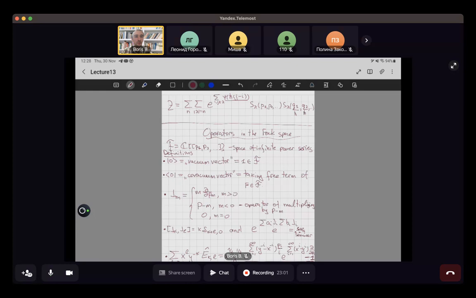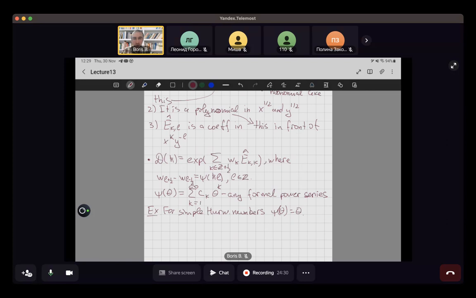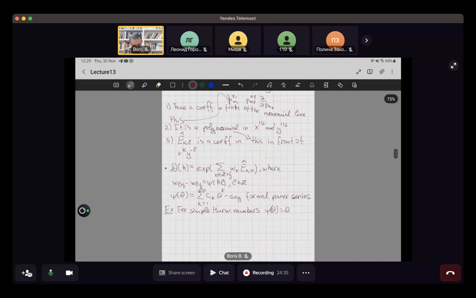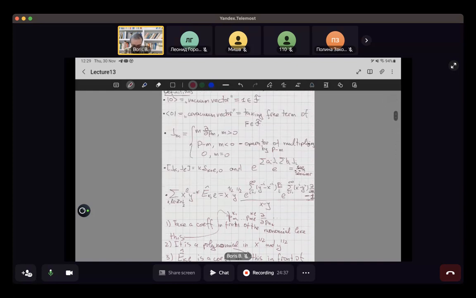for example, for simple Hurwitz numbers, psi of theta is equal to theta. Okay, so what we will use later is, in fact, all these definitions.